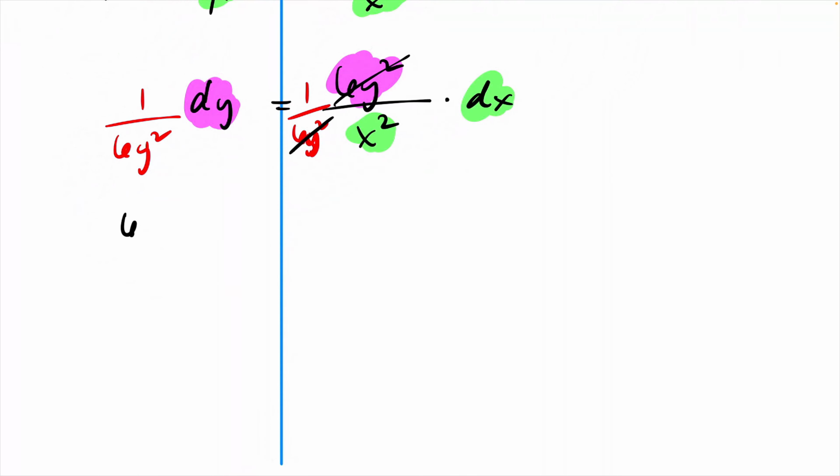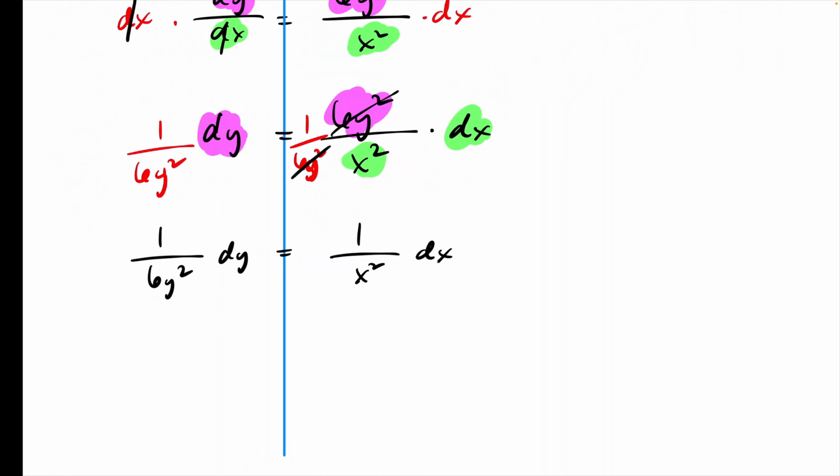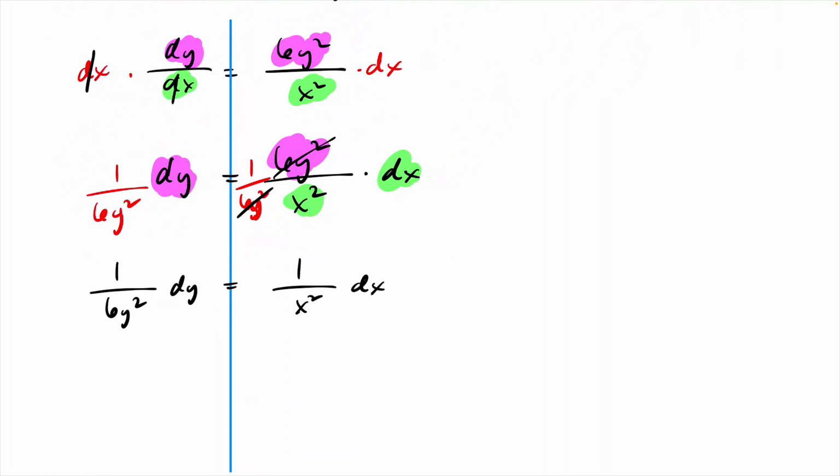So I have, not 6y squared, 1 over 6y squared dy over 1 over x squared dx. Okay. First step done.